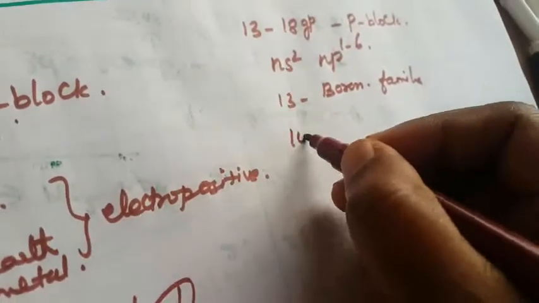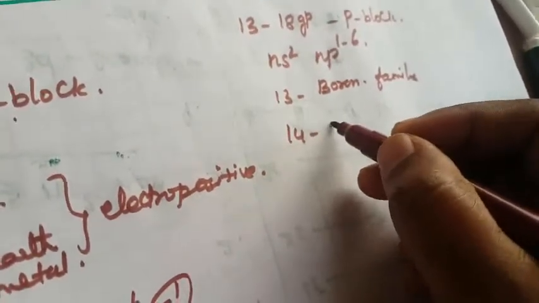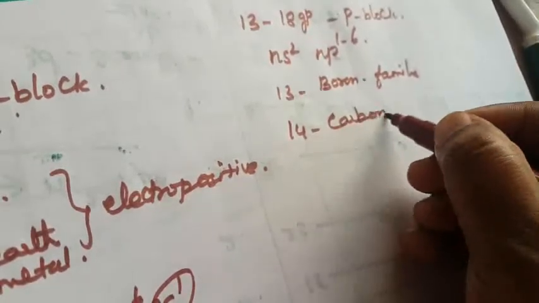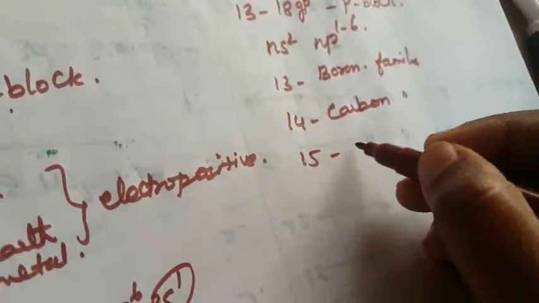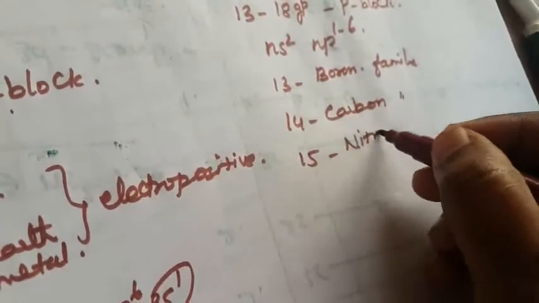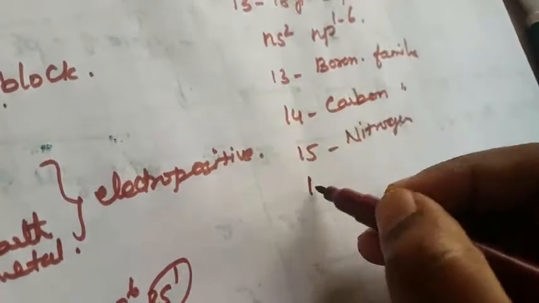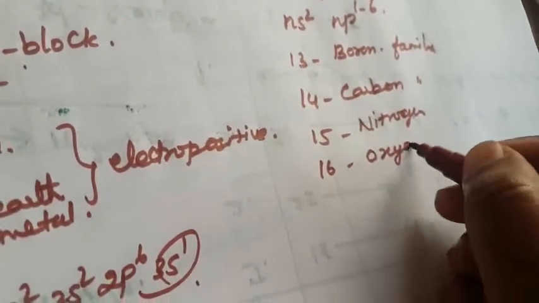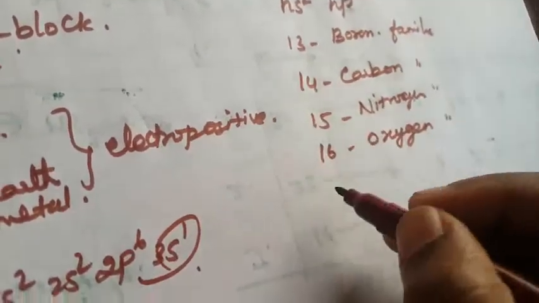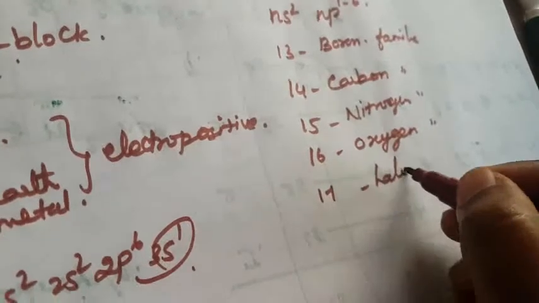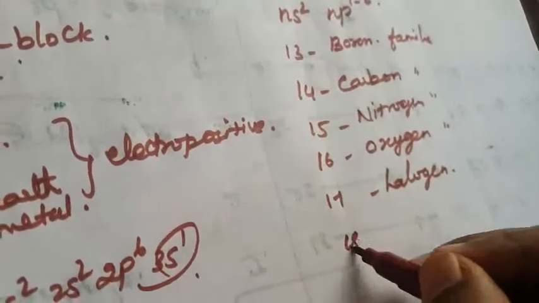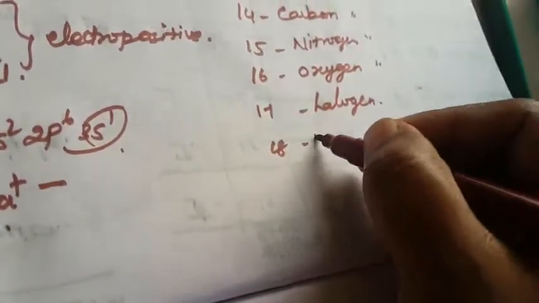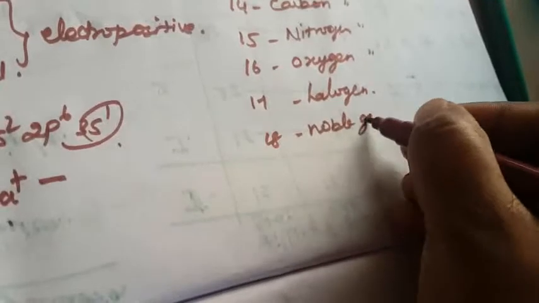The 14th group is the carbon family. The 15th group is the nitrogen family. The 16th group is the oxygen family, and the 17th group is the halogens. The 18th group is the noble gases, or inert gases.